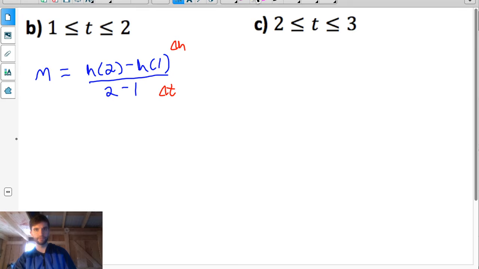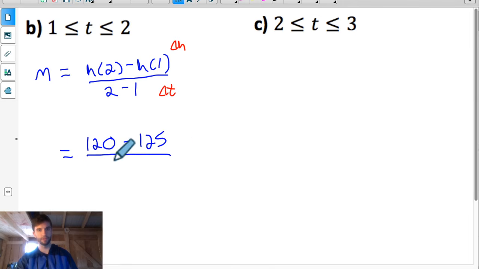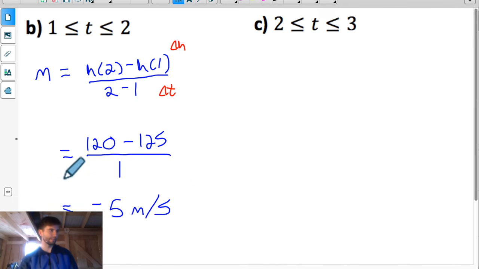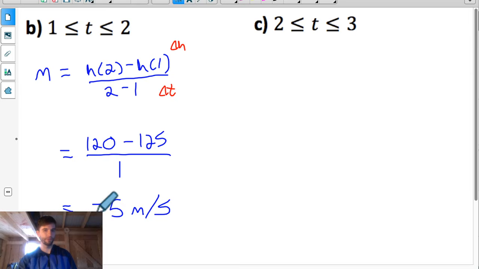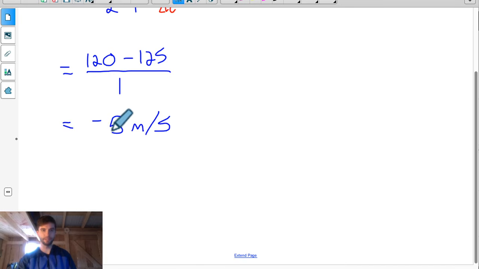So over here, my height at 2 is 120, and my height at 1 was 125, and this is all over 1. So I get negative 5 meters per second. Like I said, it has the same absolute value as part A, but it's negative. So that means the height of the rock is now decreasing by 5 meters per second on average over that interval.